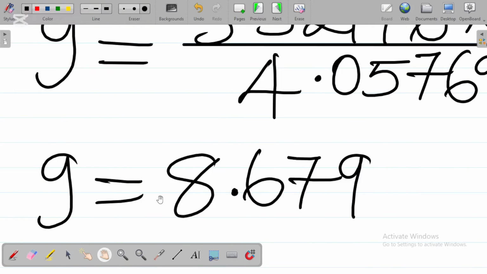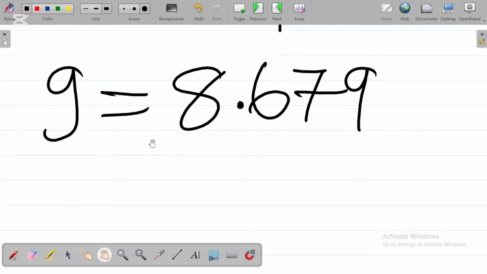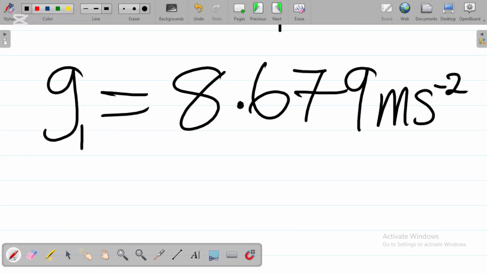Therefore, the acceleration due to gravity at surface level, let's call this G1, is equal to 8.679 meter per second square.